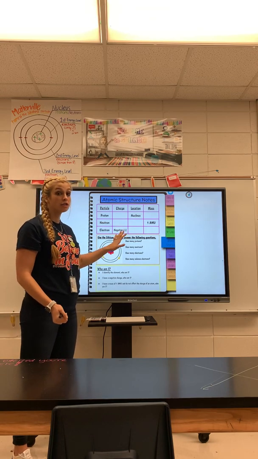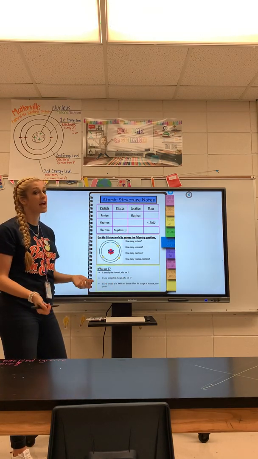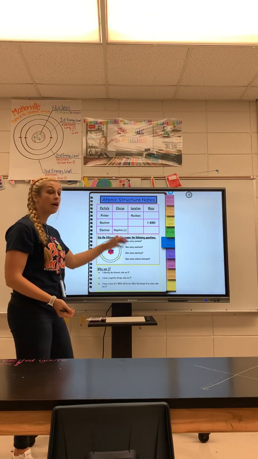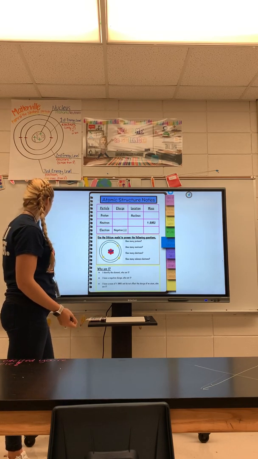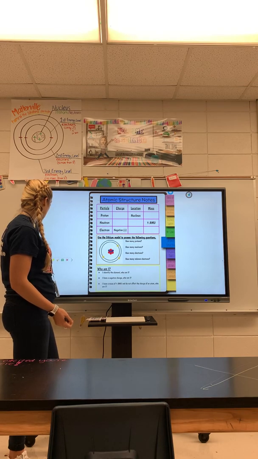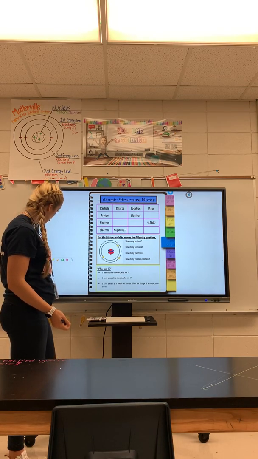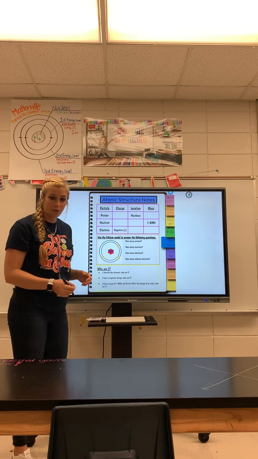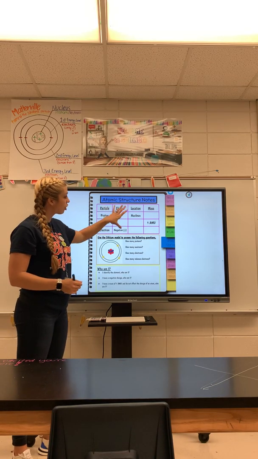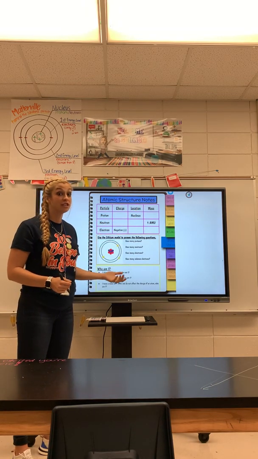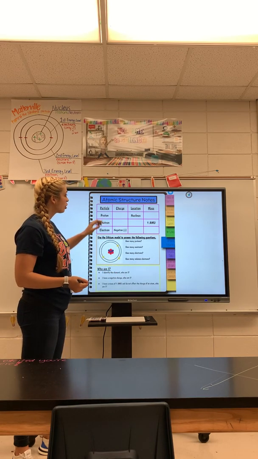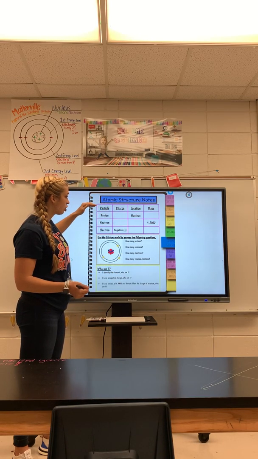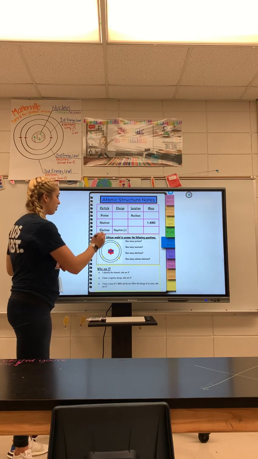So on the other side of your notes, you have your practice, which you should be able to fill out now that you've done the left side. I'm going to do some of it with you. Let's change our color. Let's go blue. So this top chart is really important. You'll see this chart again and again and again. It just might look different. Going down, you're filling in the charge for each subatomic particle.